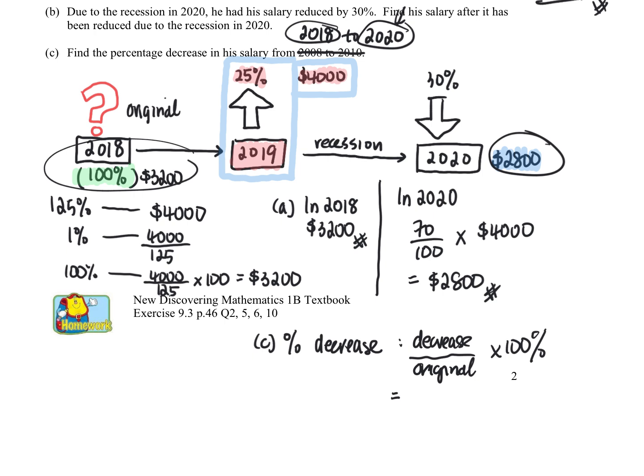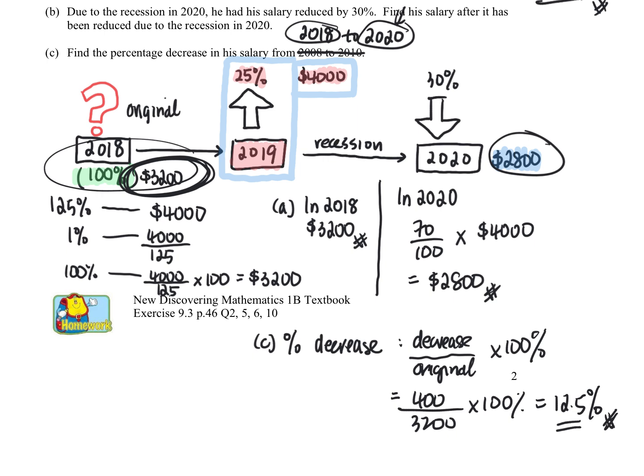From 3002 become 2008. $400. What is my original? This one, right? Yes. So you go and times. So it dropped by 12.5%. Okay? So you just follow through the steps part by part.